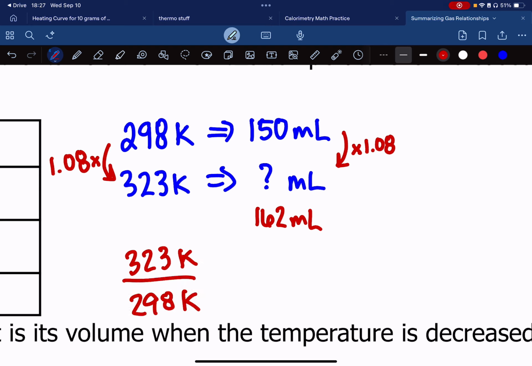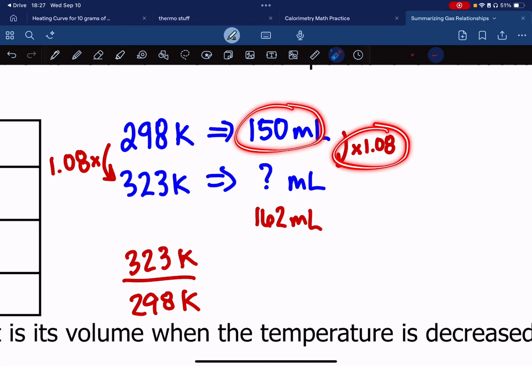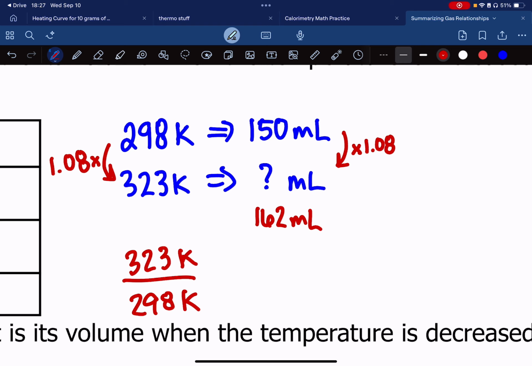That was the first thing we did. And once we punched that in our calculator and we got 1.08, we then took that 1.08 and we multiplied it by 150. So really we did 323 K divided by 298 K multiplied by 150 mL. And that's all that we punched in our calculator. All right, 323 divided by 298 times 150.